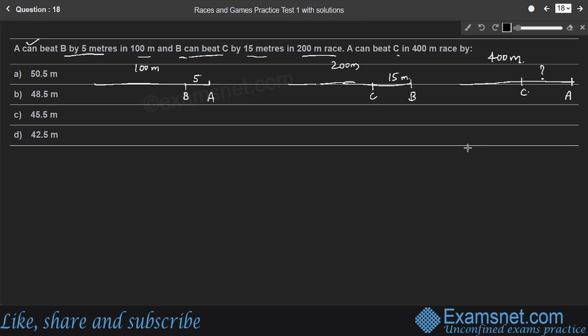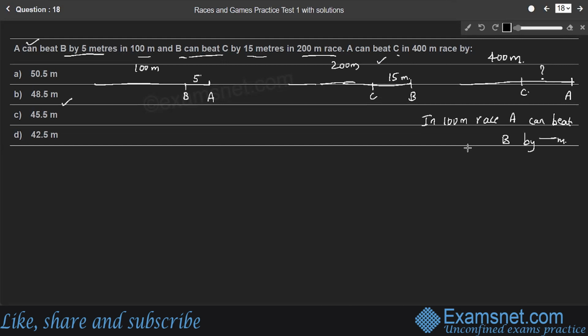So if you find, in the 100 meter race, A can beat B by dash meters, so come back to the first case. In 100 meters, it is given that A can beat B by 5 meters. And in the 200 meters race, B can beat C by 15 meters.